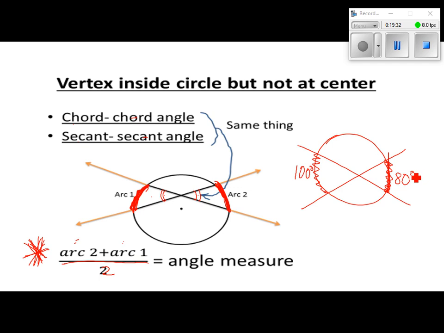I add those two arcs together, divide that answer by 2, and that's going to tell me what these angles are. Since those angles are congruent to each other because they're vertical angles, we only have to find one of them. So that's 160 divided by 2, which is 80. So this angle is 80 degrees. That angle is 80 degrees.